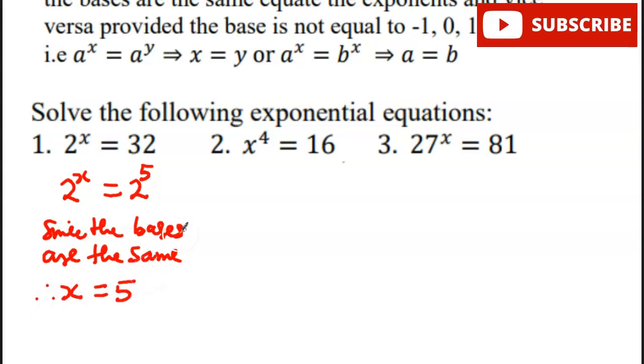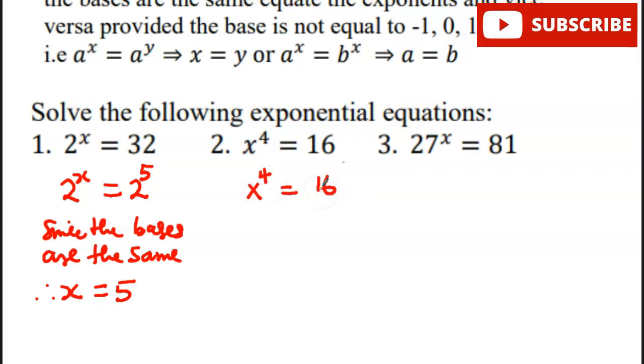Let's look at the next one. x to the power 4 is equal to 16. Now, here x and then 16. There's no way that you can express 16 in terms of x or x in terms of 16. But let's think about the question. Here x to the power 4.